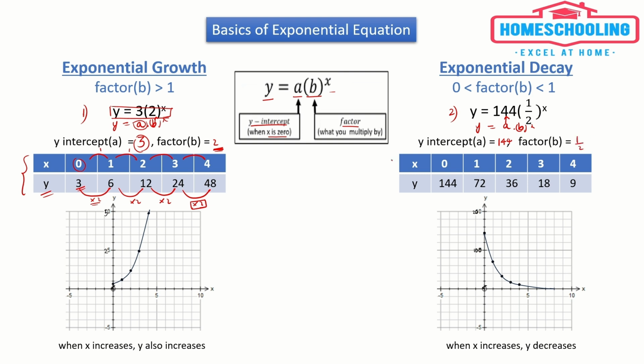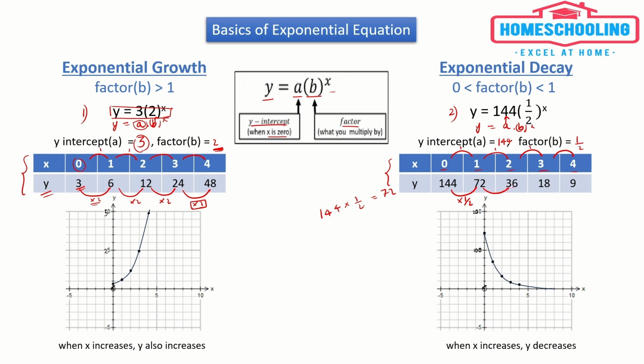Now let's put x and y values in an input-output table. When we take x values as 0, 1, 2, 3, 4, the x value is increasing by 1. But the y value is multiplied by half, because 144 times half would be 72.